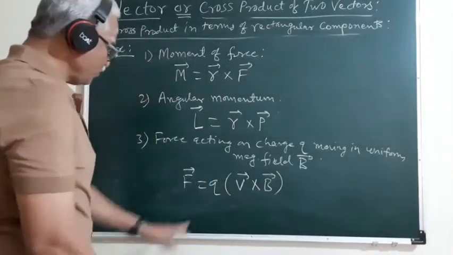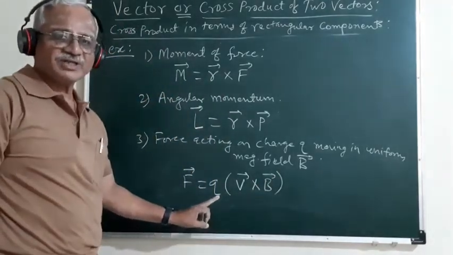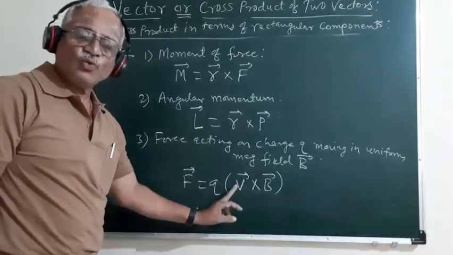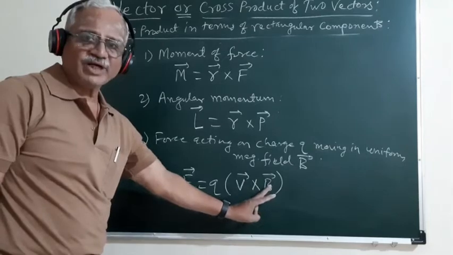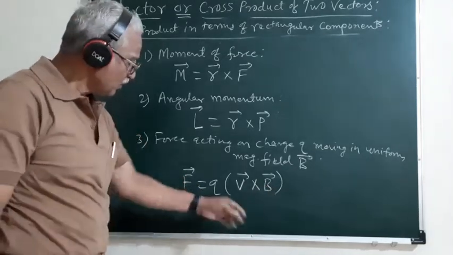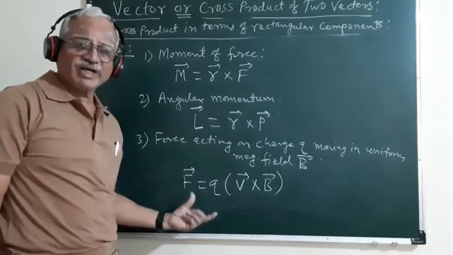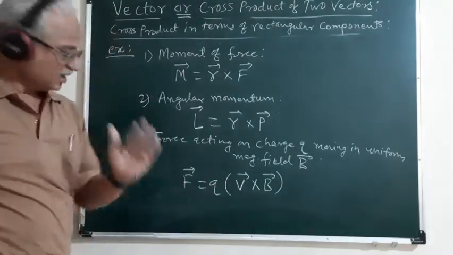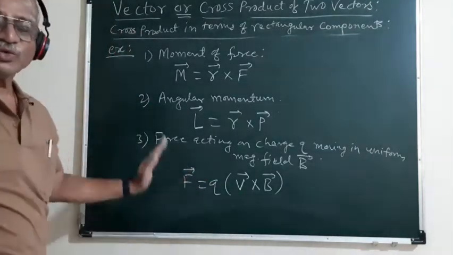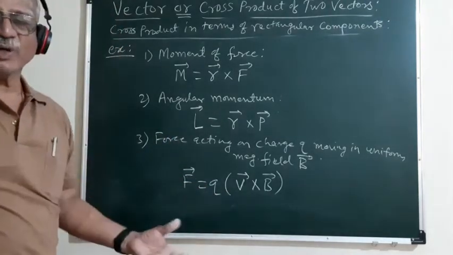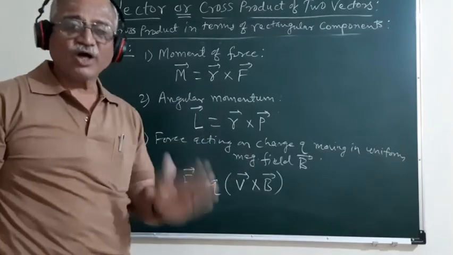Here Q is the quantity of charge that is moving with the velocity V through a uniform magnetic field of induction B bar. So this force is nothing but the electromagnetic force acting on moving charge through the magnetic field, and this expression was observed by the scientist Lorentz.